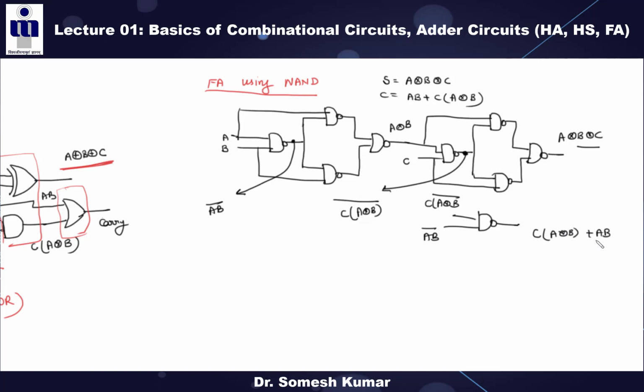This is your carry, right? So one more this thing and one more this thing. Now how many NAND gates are required? We require 9 NAND gates. Similarly, using NOR, 9 NOR gates are required to implement the full adder. This is all about today's lecture.